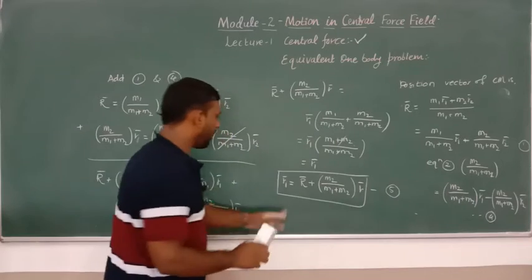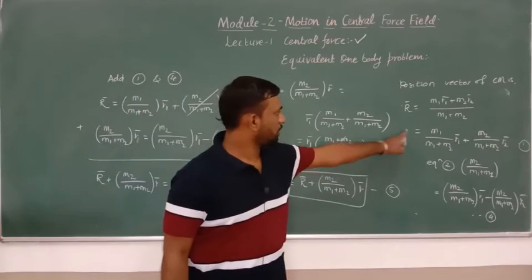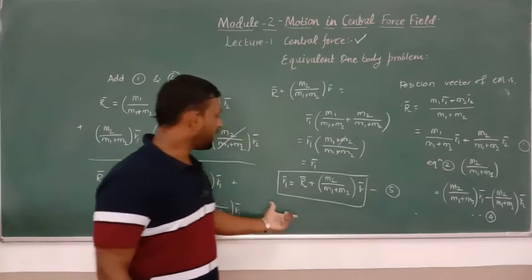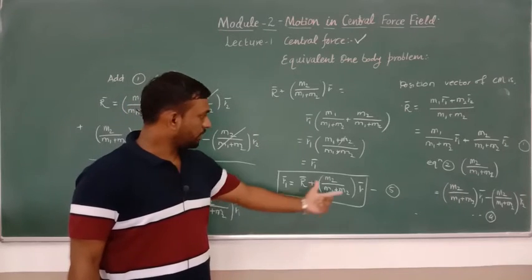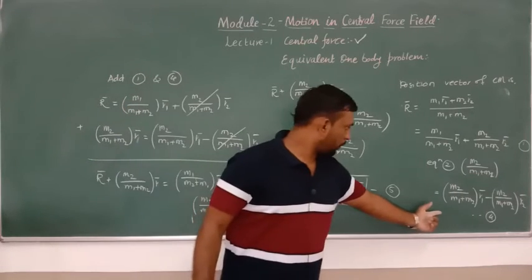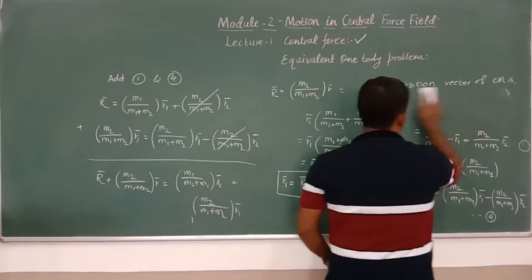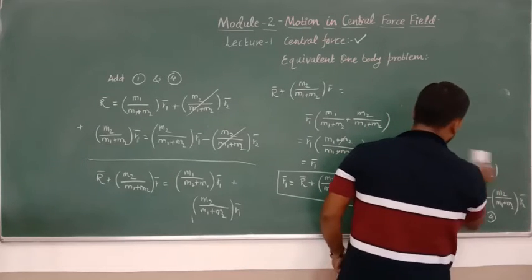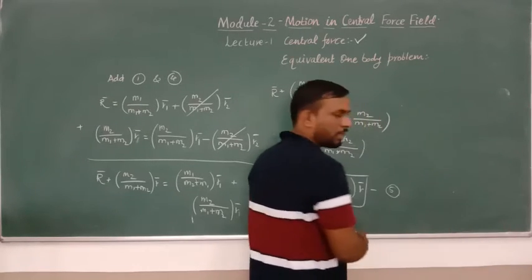Okay, so this is for r1. If you substitute the value of r1 in either equation 1 or equation 4, we'll get the value for r2. So if you substitute the value of r1 in equation number 4, we'll get the value for r2, and you can again solve this equation.